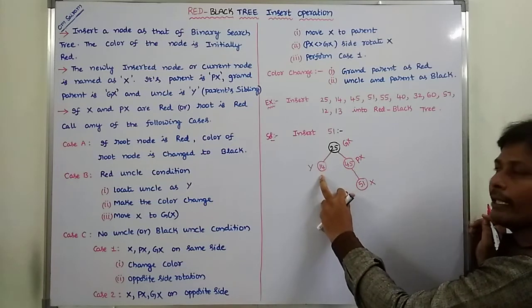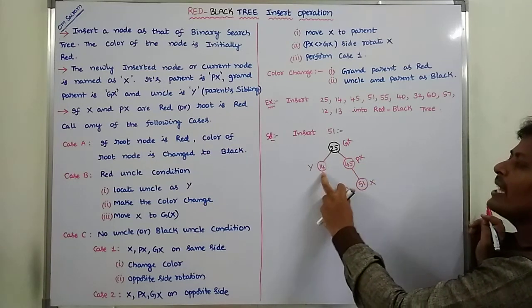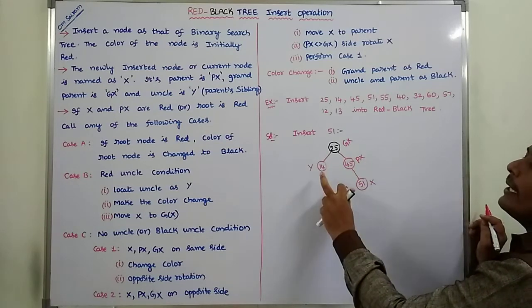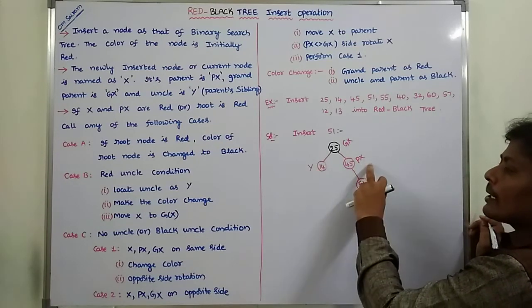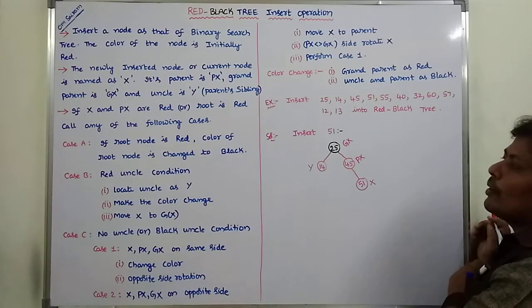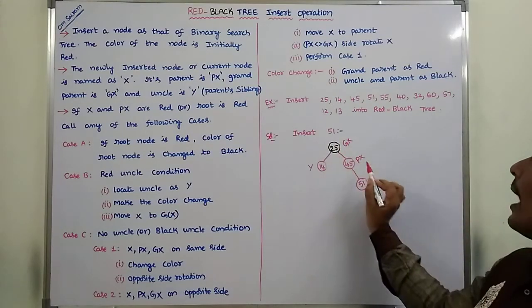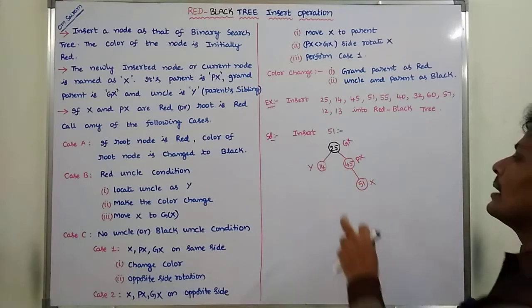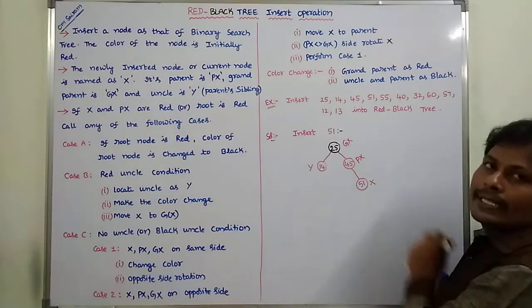Parent of X and uncle are at the same level. That can be denoted as sibling.